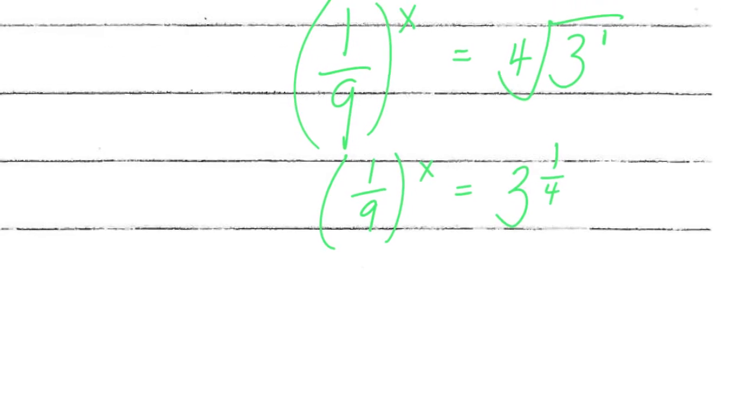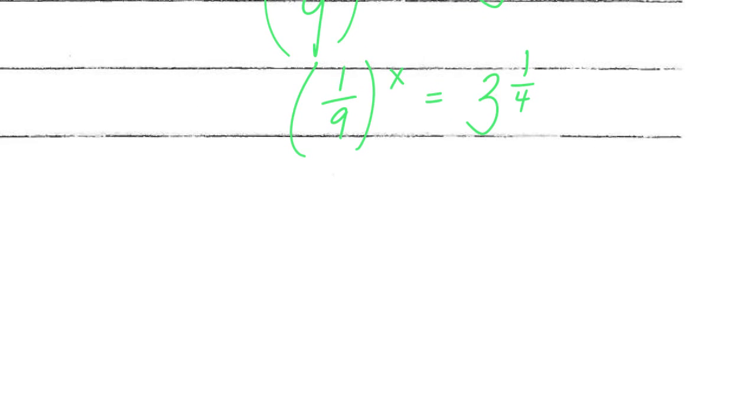Our next step is we have to make the 9 in the same base. Well, I know this is saying 1/3 squared, all of that to the x is equal to 3 to the 1/4. We're not there yet, are we?